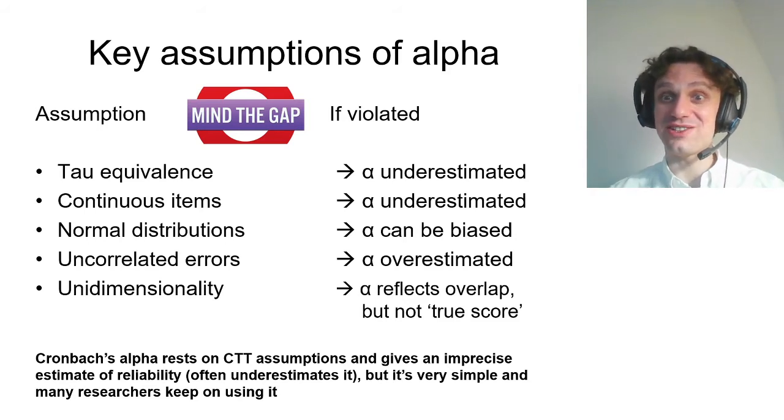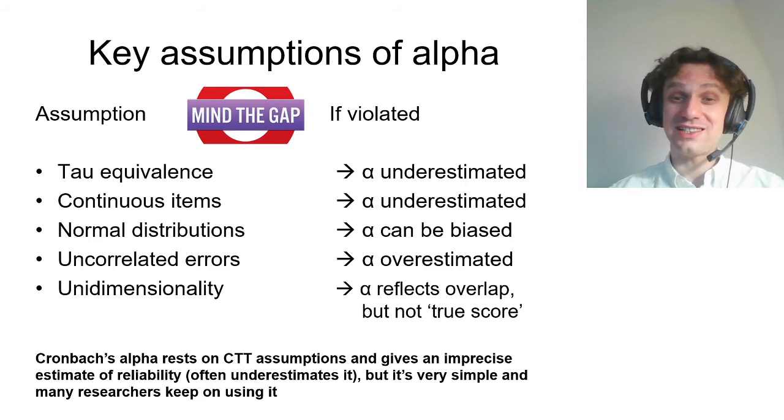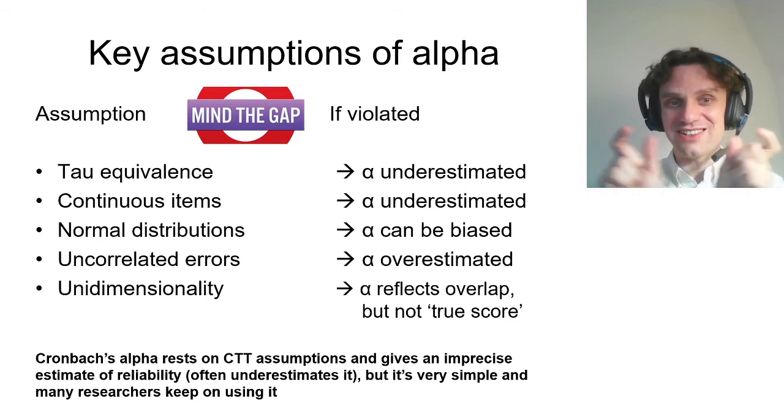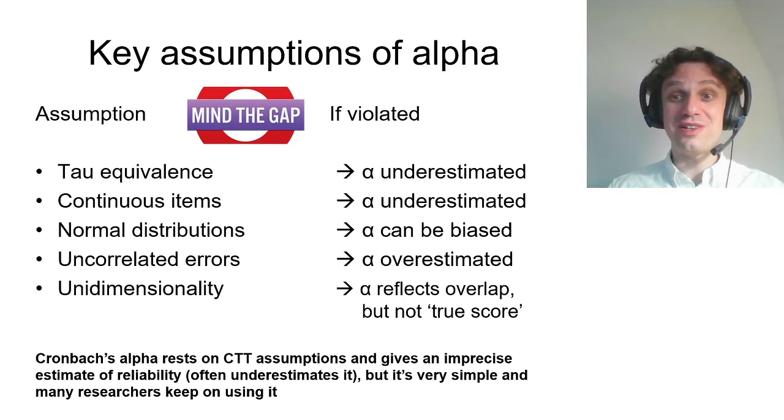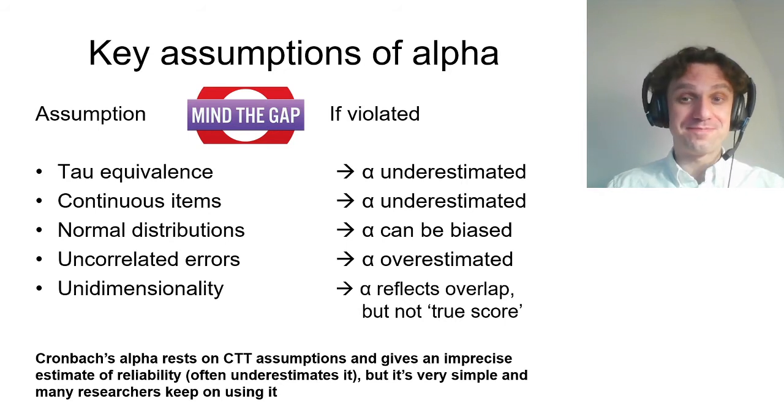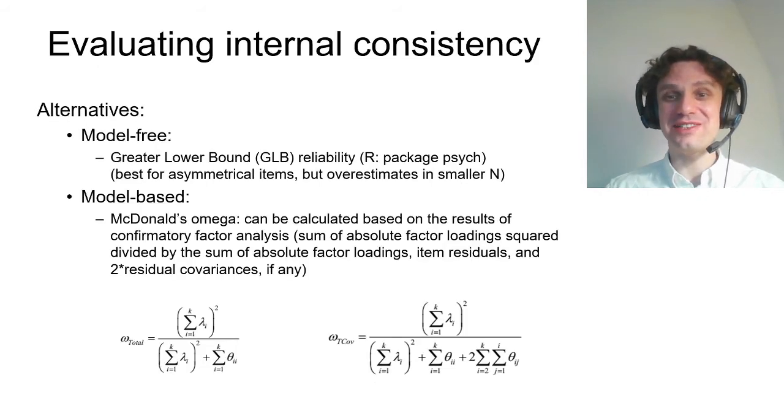Or if your items are categorical, your alpha will be underestimated again. But if your distributions are not normal, or your item errors are correlated, you will get a slight overestimation of your alpha. That's why we might need sometimes other reliability coefficients.